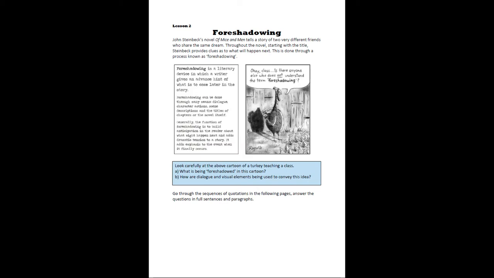We are going to look at this technique that Steinbeck uses all throughout the novel. We're going to look at three little groups of extracts, exploring how Steinbeck uses this technique of foreshadowing.